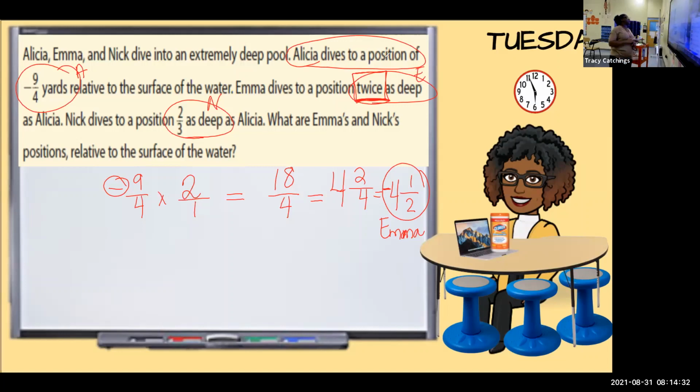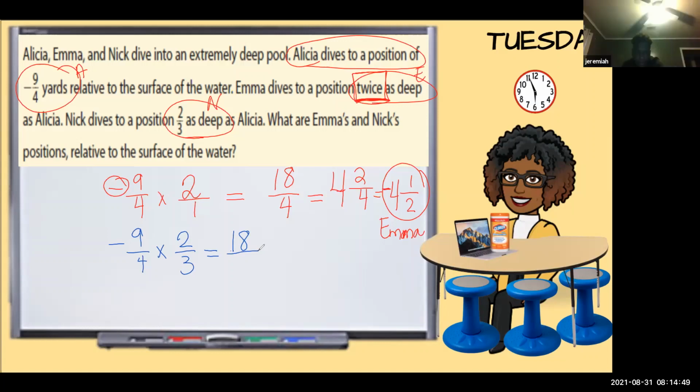All right, they said Nick was 2/3 as deep. So we still got our -9/4, and now they say 2/3. 9 times 2, we already figured out was 18. What's 4 times 3? 12. How many groups of 12 can I take out of 18? 1. Subtract. 6.